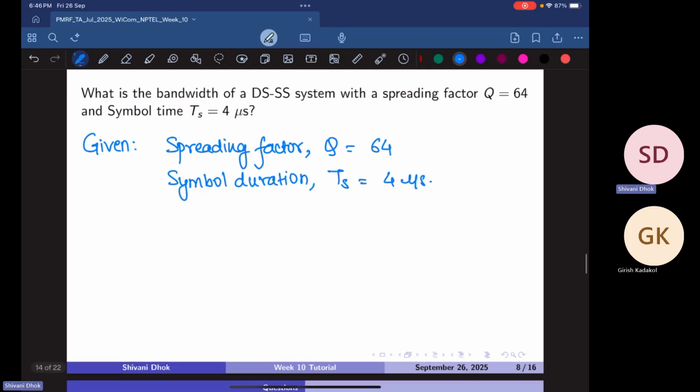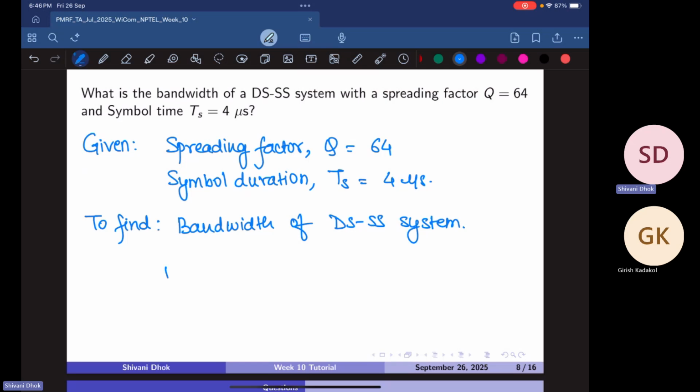And what we need to find is the bandwidth of our direct sequence spread spectrum system.